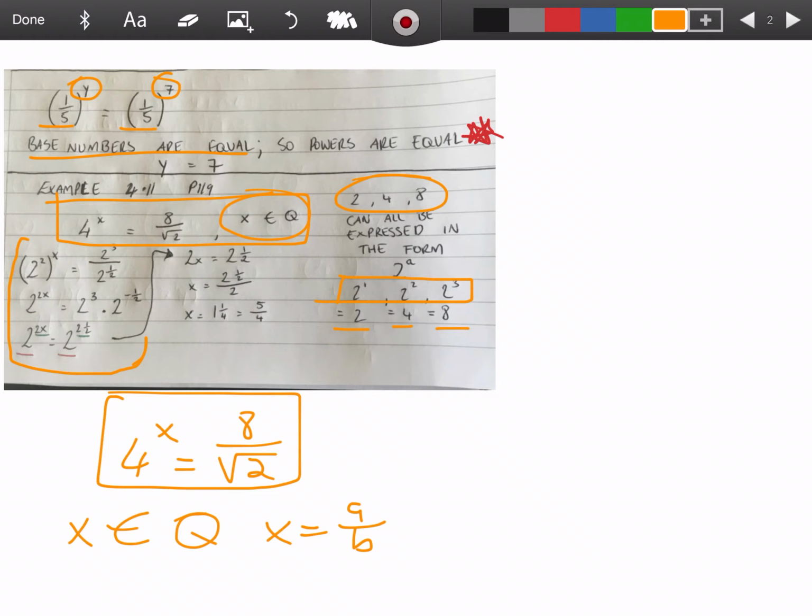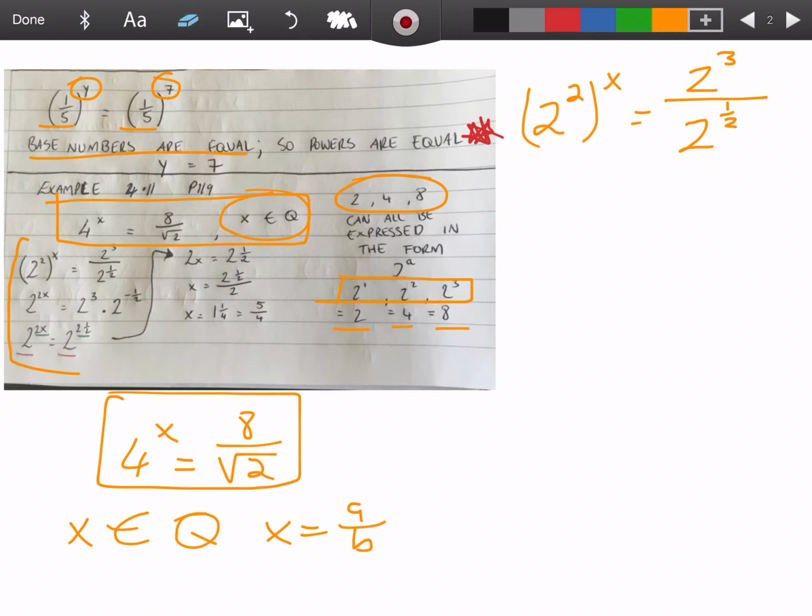So instead of 4 to the power of x, I'm going to write 2 squared to the power of x. Instead of 8, I'm going to write 2 cubed. And instead of the square root of 2, I can change that nice and simple to 2 to the power of a half, because you guys did that for me yesterday. And I've written that there. Okay, you can see that in that box.